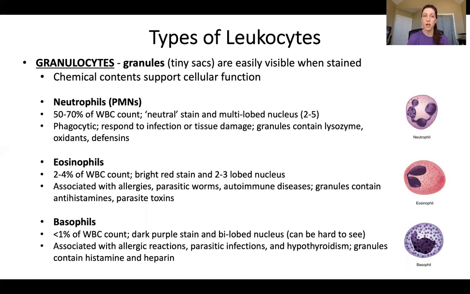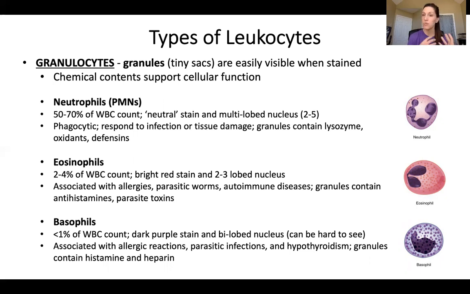And those granules are little particles. Think about like granulated sugar, right? A granule or grains of sand, right? Those are granules. In the case of granulocytes, these little particles, these little granules are actually little tiny sacs. So they have chemicals in them. These chemicals are going to be specific to the type of cell that you're talking about.